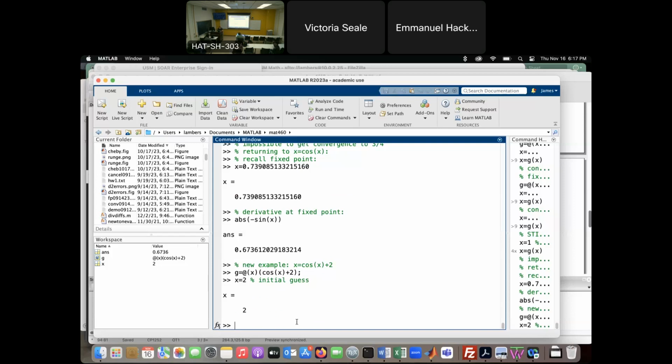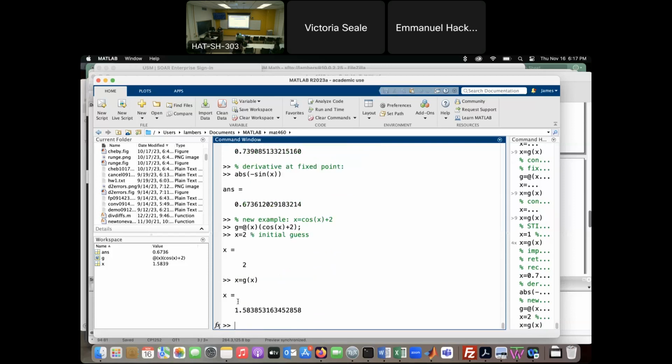Let's see what happens. x equals g of x. Okay, so I get 1.58.